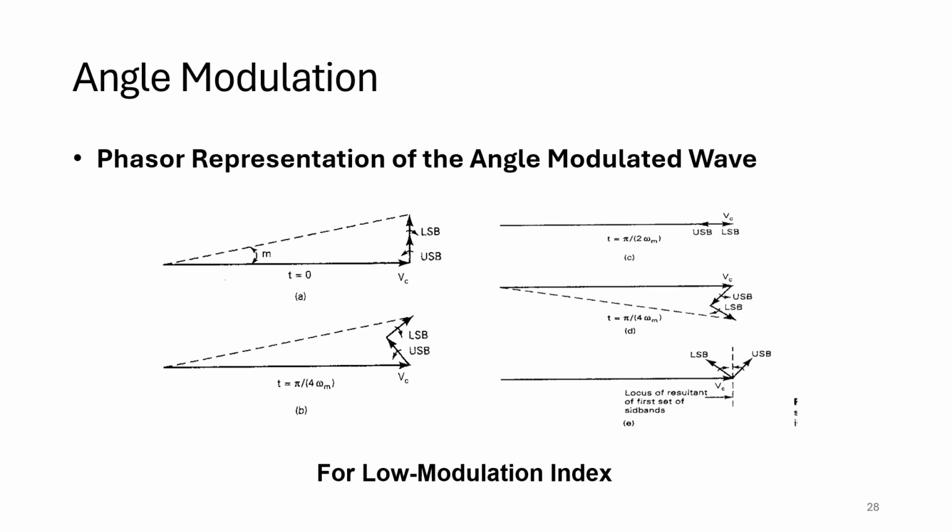For this special case wherein m is less than 1, only the first set of sideband pairs is considered, and the phasor diagram is very similar to that of an AM wave, because they only have a lower sideband and an upper sideband, except for a phase reversal of one of the side frequencies. So the resultant vector has an amplitude that is close to unity at all times. That's the difference from AM, because in AM the amplitude is not constant.